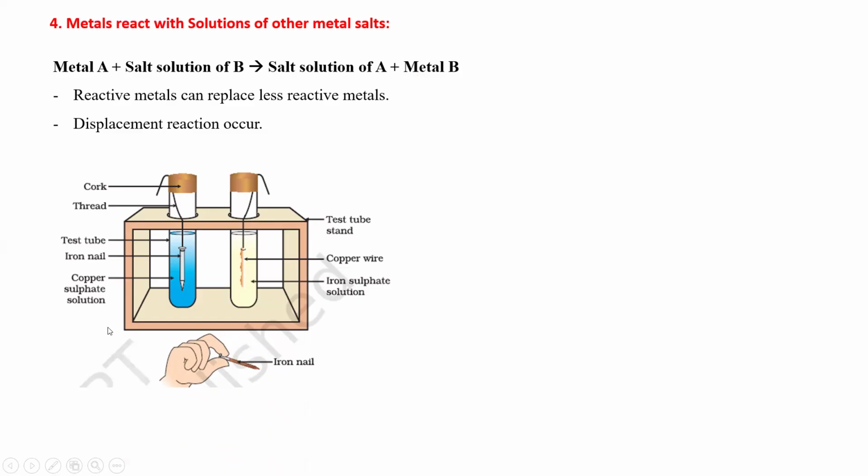In the experimental setup for the activity, we have a copper sulfate solution with an iron nail in it. Iron is more reactive compared to copper, so it will displace. Whereas on the right side we have a copper wire and iron sulfate. Copper is less reactive compared to iron, so displacement will not occur. This is the important factor here.